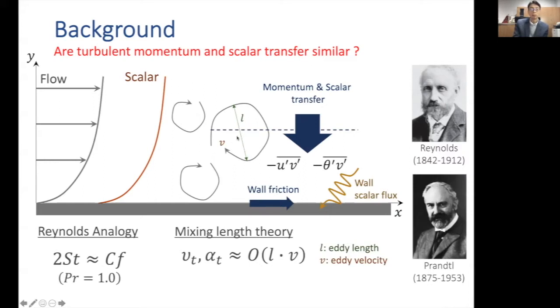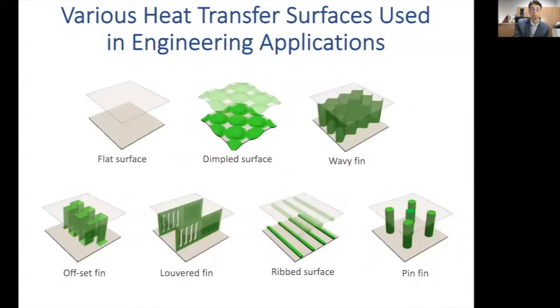The eddy viscosity and eddy diffusivity are both basically scaled by the product of the length scale and the velocity scale of the eddy. So from this theory, we can also predict that the turbulent Prandtl number equals 1. So both of them basically suggest that there is a strong similarity between momentum transfer and scalar transfer.